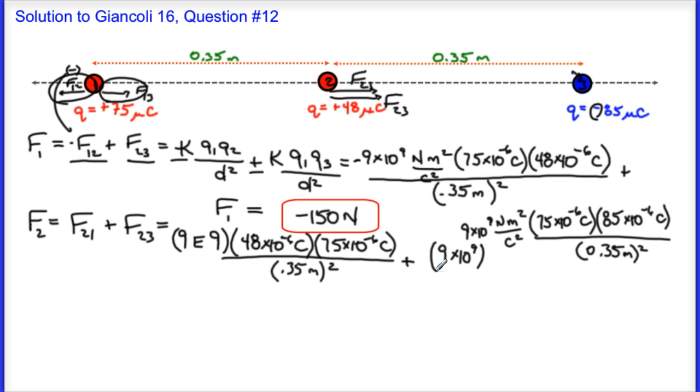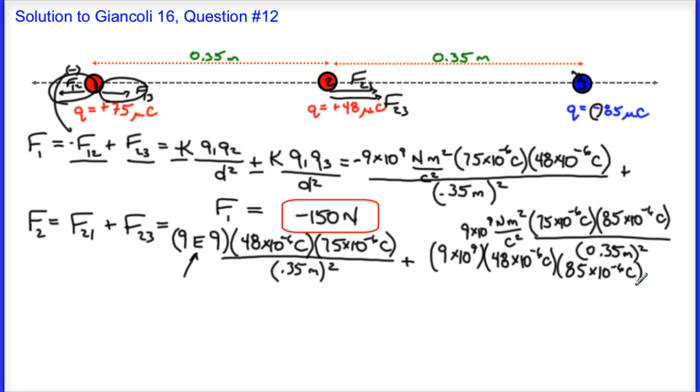By the way, I wrote this in this way. This is kind of like TI calculator format, and it's what I would recommend putting into your calculators. There are so many numbers in scientific notation here that you're destined to make a mistake if you don't do it that way. 48 times 10 to the minus 6, which is the charge of charge 2, and I'm going to multiply that by 85 times 10 to the minus 6, which is the charge of 3.